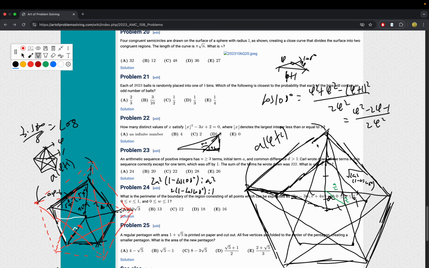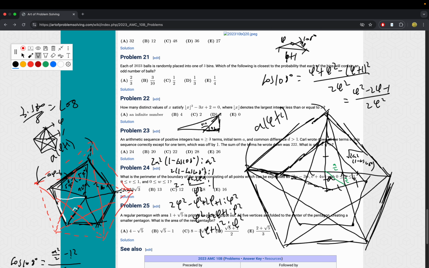Okay. So we have 2 minus squared over 2, 1. So two v. Is golden ratio 1 plus?